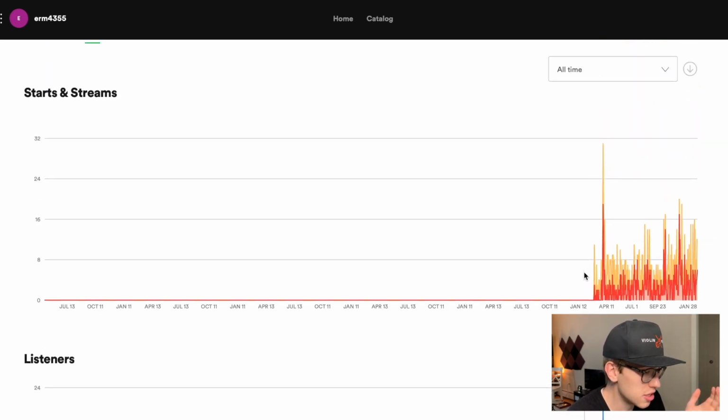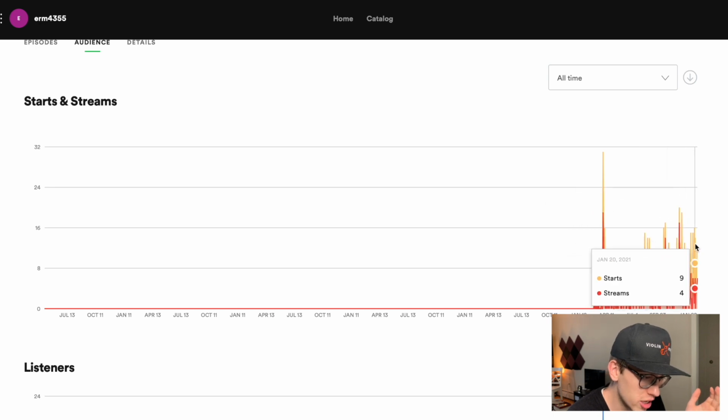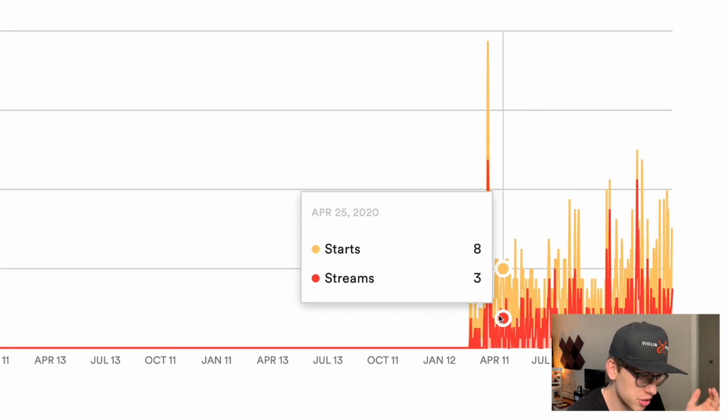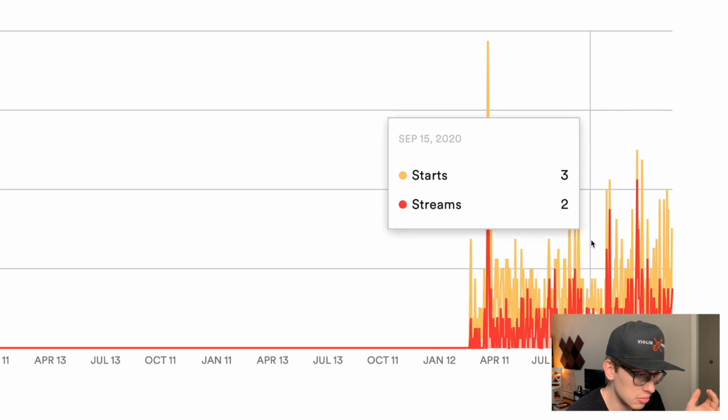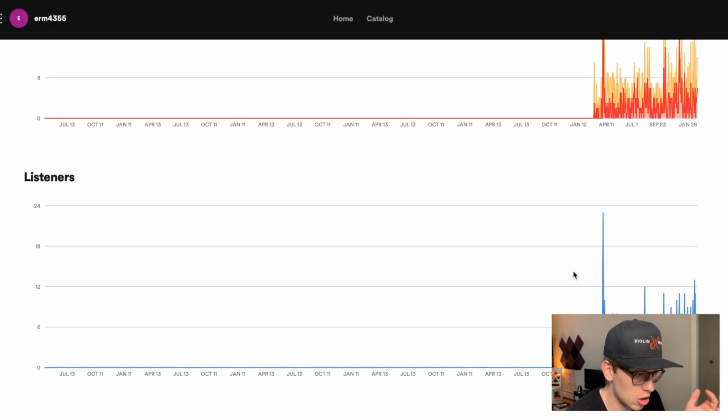So you can see here that the data changes a little bit, that the starts and the streams go bonkers a little bit, but there's a slight upward trajectory right over here, as you can see, an upward trend since March of 2020, which is really nice to see. And also the listeners, there's a slight uptick between August and, what is that, about January?